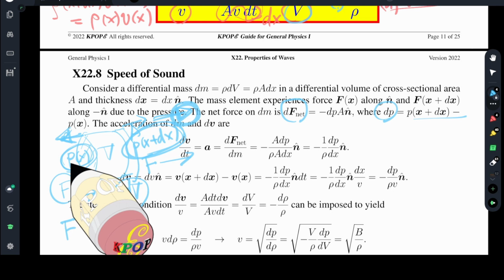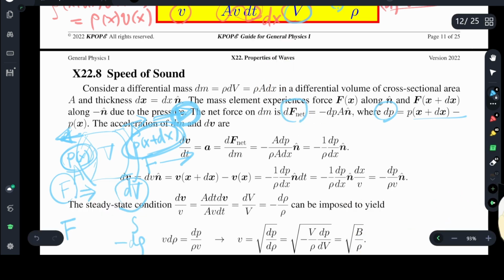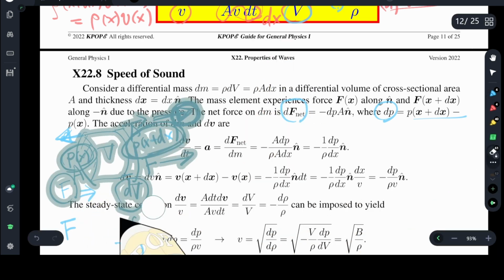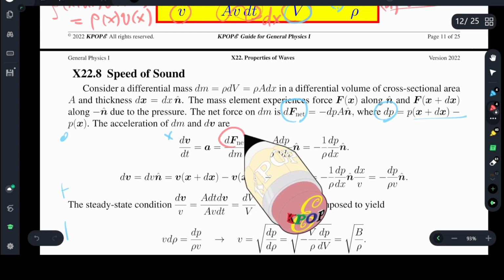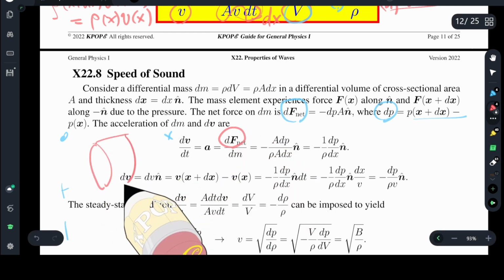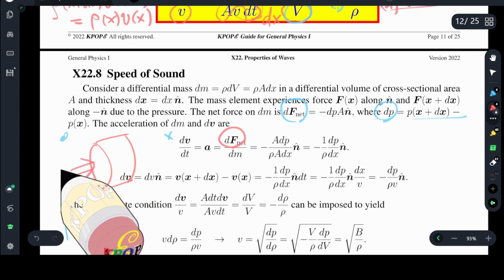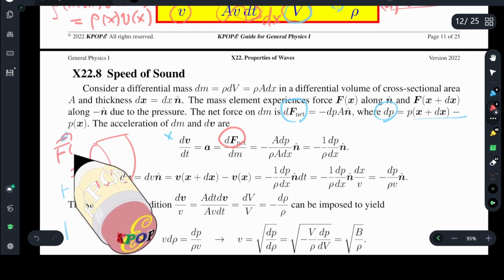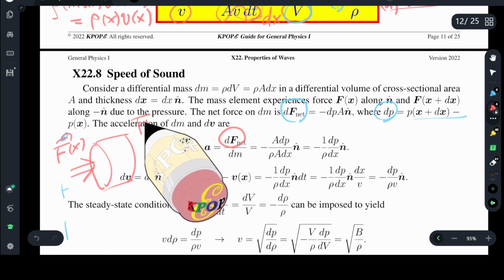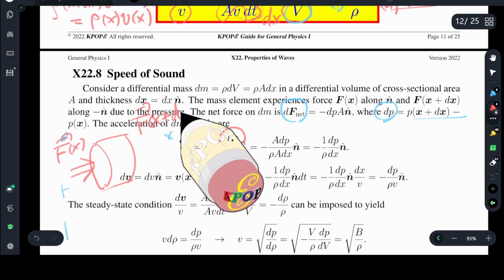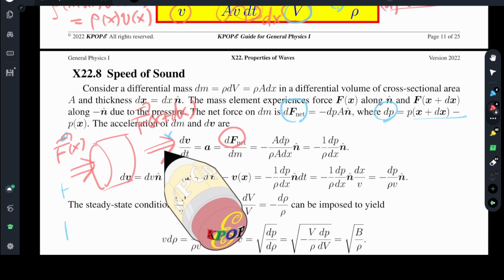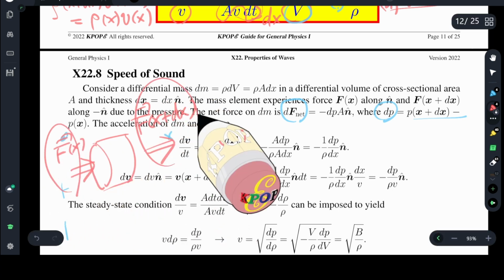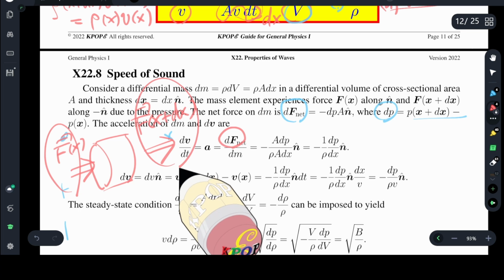If I sum them up, the difference between the two ends, this F of x and this F of x plus dx. This is the right direction, this is the opposite direction.